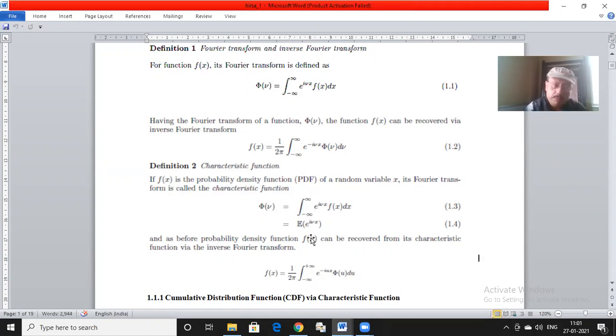Because in probability, this is our familiar language. We talk about moments. So characteristic function itself is a moment of a transformation. And again, I can recover my PDF from the characteristic function through the inverse transform. So this is our basic tool.